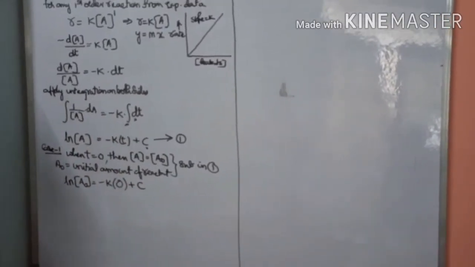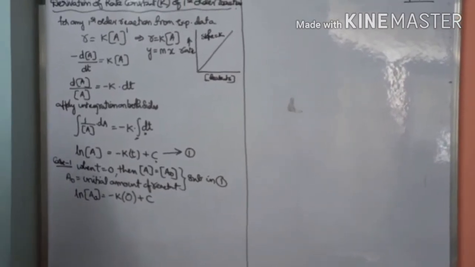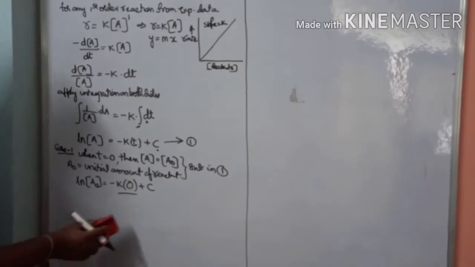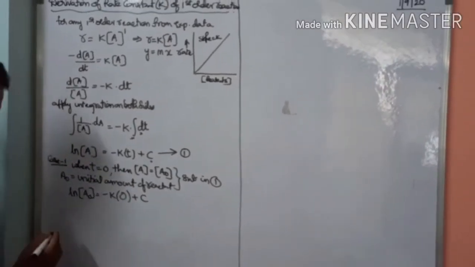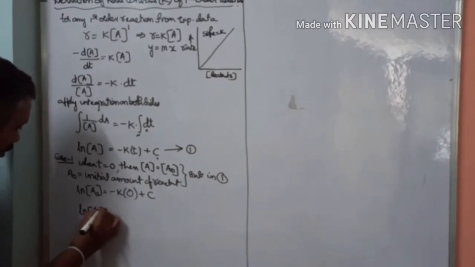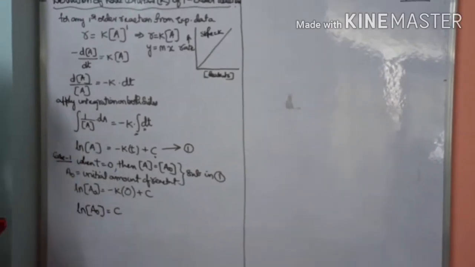Then we are left with ln of A naught is equal to minus of k into 0. Anything multiplied with 0 is 0, so this term vanishes. So the expression simplifies as ln of A naught is just equal to C.